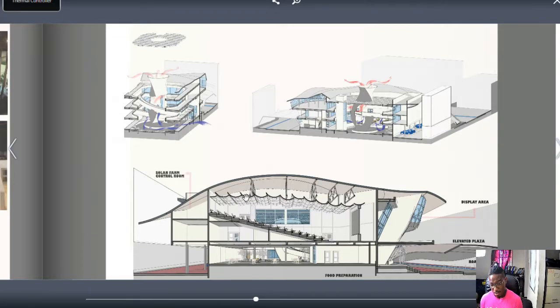This is a section through the lecture theater, the food prep area, and the courtyard, and it also shows the roadway and the elevated plaza that we created, and also the parking space. So I'm trying to show the relationship between each space, right?